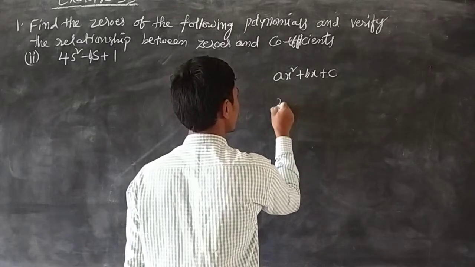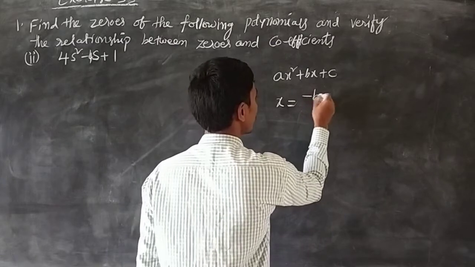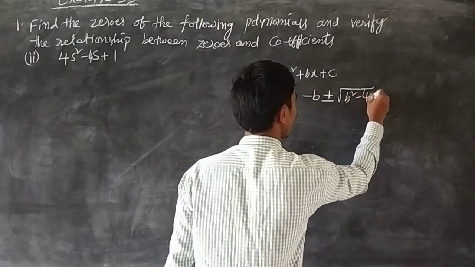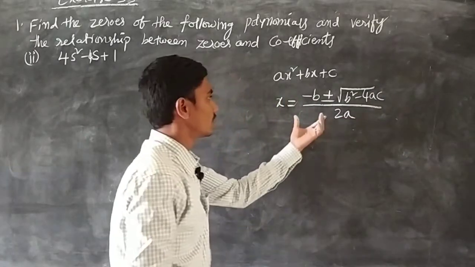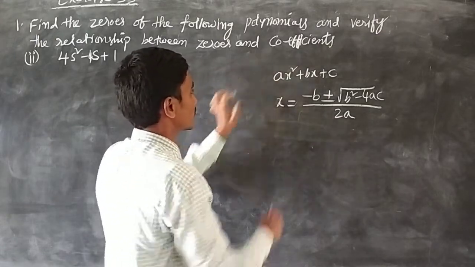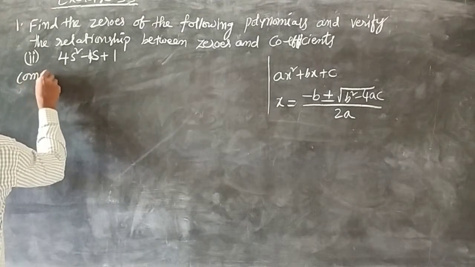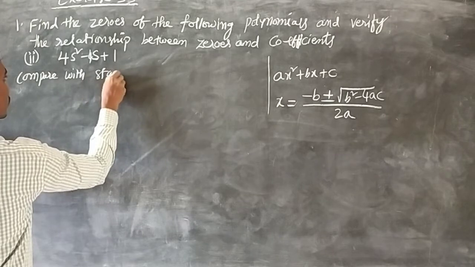Generally roots are related with the letter x. x is equal to minus b plus or minus square root of b square minus 4ac by 2a is the formula to find the zeros of the quadratic polynomial. Compare with the standard form.